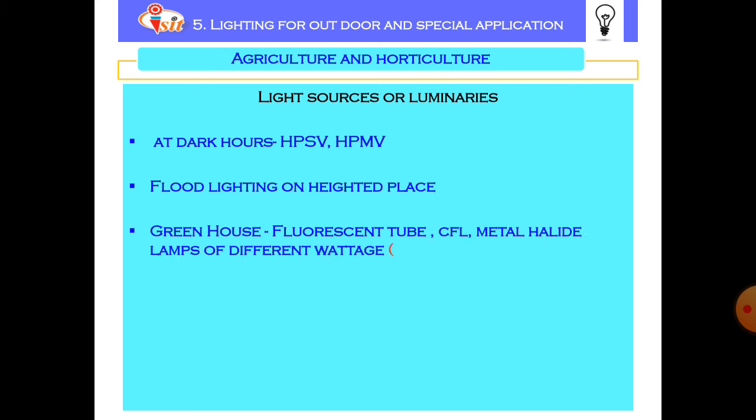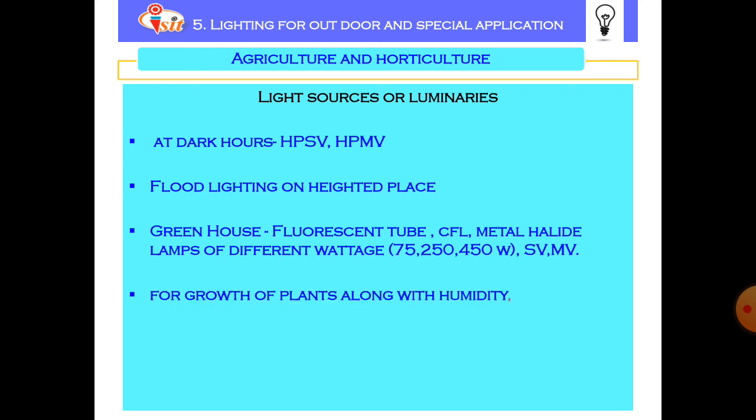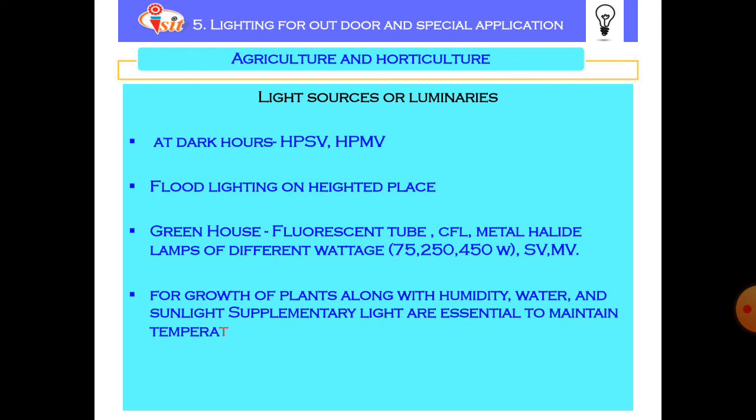In the greenhouse, fluorescent tubes, CFLs, metal halide lamps of different wattages like 75 watt, 250 watt, 450 watt, sodium vapor and mercury vapor lamps may also be used. For the growth of plants, along with humidity, water and sunlight, they are using supplementary light also, which is essential to maintain temperature for the growth of plants or crops.